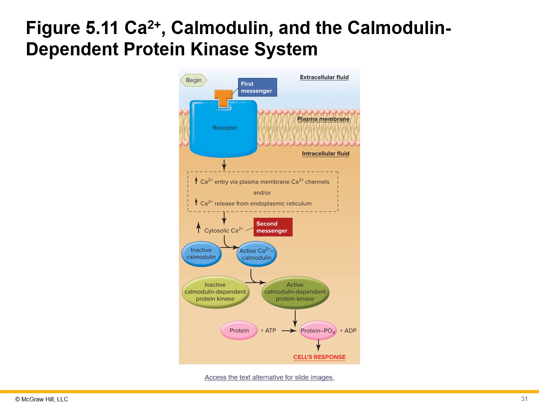So here we have our first messenger, a water-soluble hormone, sitting in the receptor, either increasing calcium via the plasma channels. So there would be an ion channel here that would allow calcium to come in, and/or a change in this receptor can cause the endoplasmic reticulum to release calcium that is already within the cell, already in the intracellular fluid.